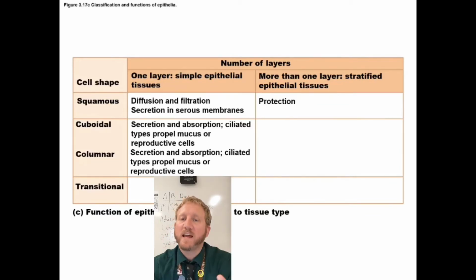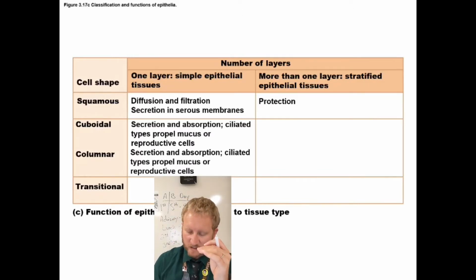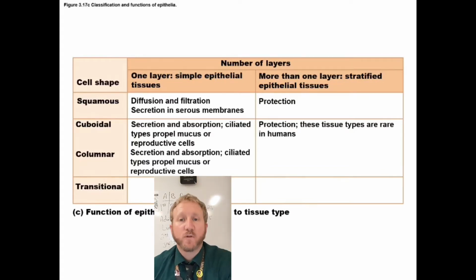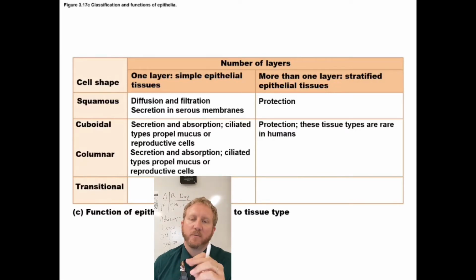They have similar functions, and we're going to talk about those in a little bit greater detail in just a second. If we have stratified cuboidal or columnar, those are also for protection. However, you don't really find these. You don't find stratified cuboidal or columnar in humans.